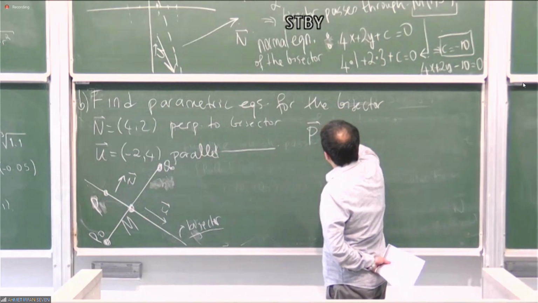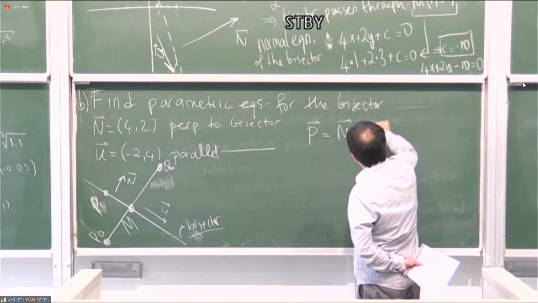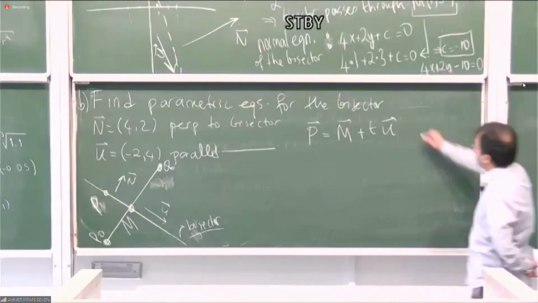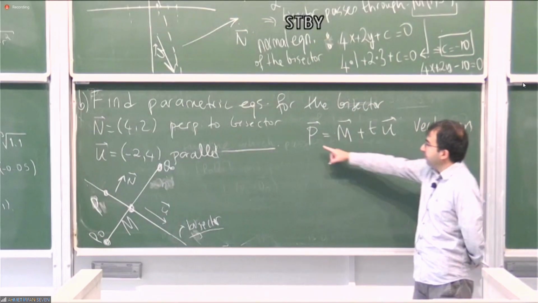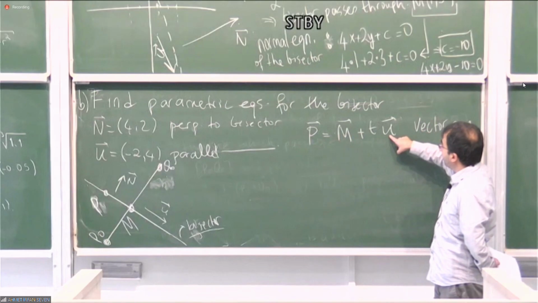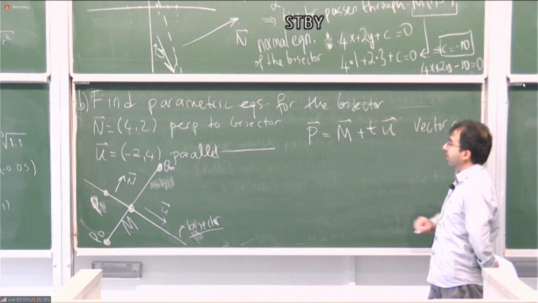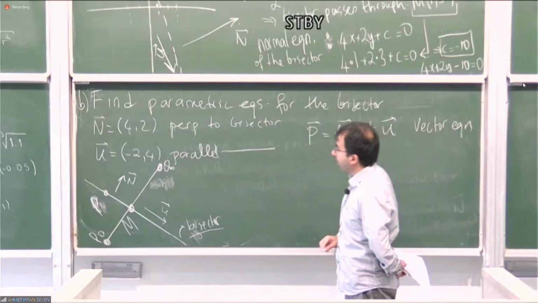So you know how to write the vector equation. This is the equation of the line which passes through M with direction vector u. P is a typical, general point on this line.